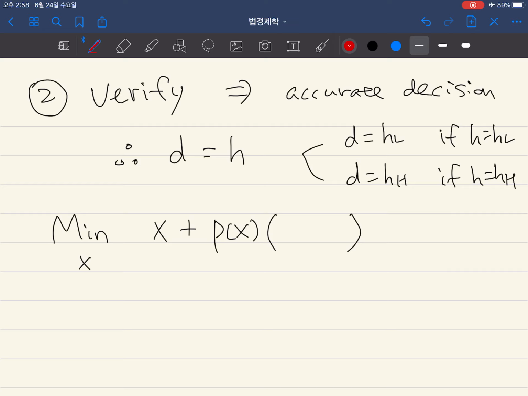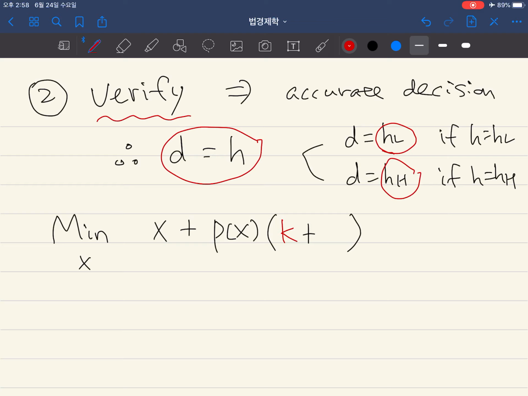First, we know that the court is going to verify the level of harm. So in this process, the defendant has to pay cost K plus the defendant has to pay damage equal to harm. So this means damage is going to be HL or HH.